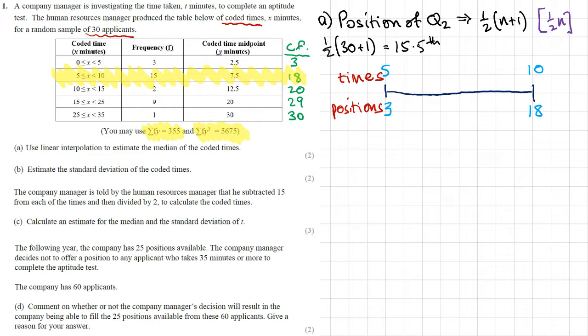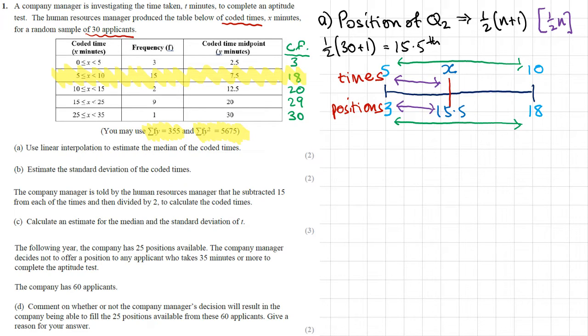Okay, so we're trying to estimate the median, so I'll call it X here. And I know the position of that median is the 15.5th number. So let's put 15.5 here. And then what I can do is write a calculation and work it out. So for example, I can do X minus 5 and 15.5 minus 3, and then 10 minus 5 and 18 minus 3.